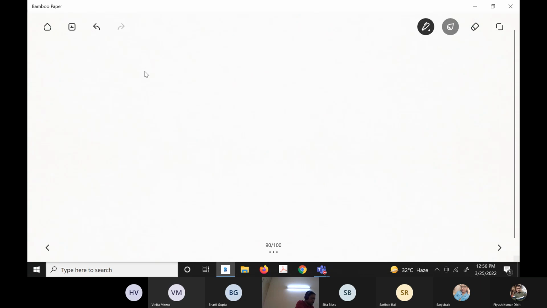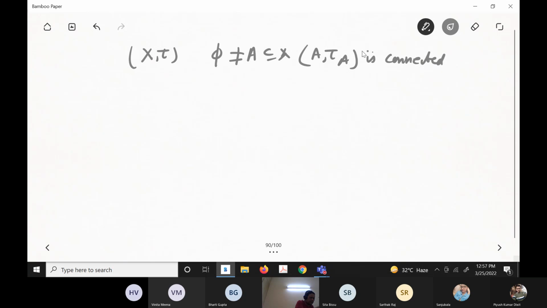I said, look, you have X with topology tau, which is not connected, but you have A with tau_A connected. This is your hypothesis. And you have a set B lying in between; it may be the whole closure of A also.